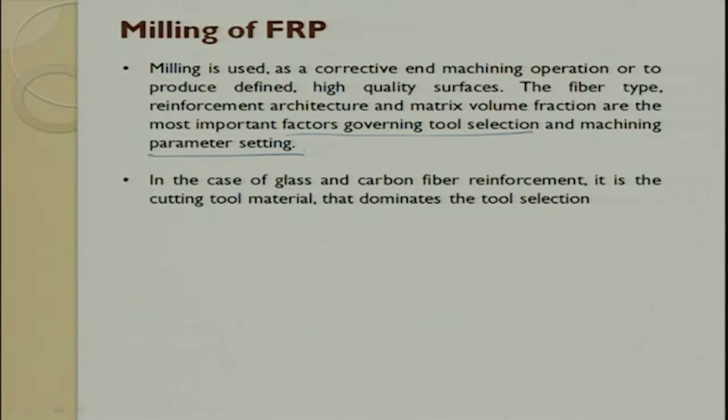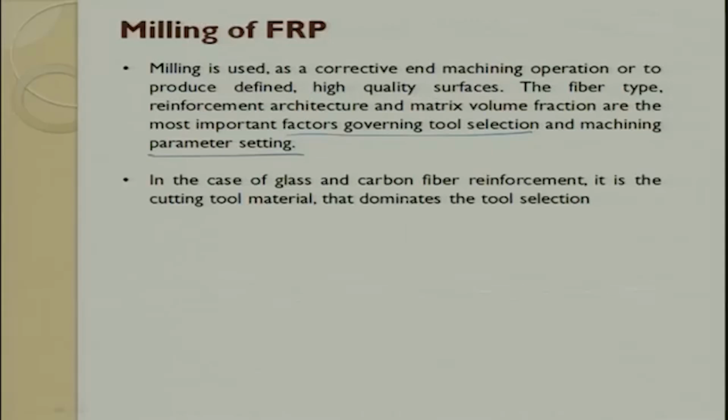What I am trying to say is, if the volume fraction is 10%, or 80%, for the same thermoplastic or thermoset, the process parameters and the tool geometry change. If there is more matrix, the chip can to a large extent be continuous. If there are more particulates or more reinforcement, it will be all powdery chip.